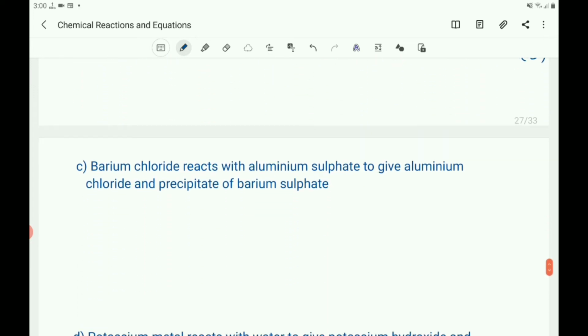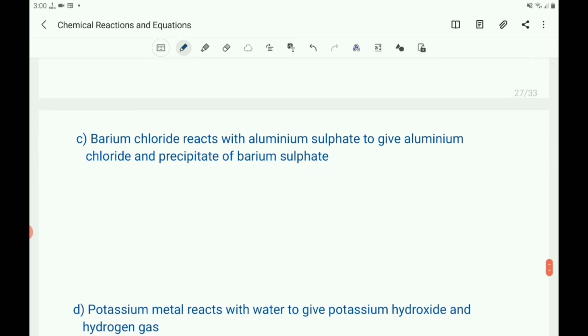Next you take the C. What is that C? Barium chloride reacts with aluminum sulfate to give aluminum chloride and precipitate of barium sulfate. What is the molecular formula of barium chloride? That is BaCl2. Reacts with aluminum sulfate.